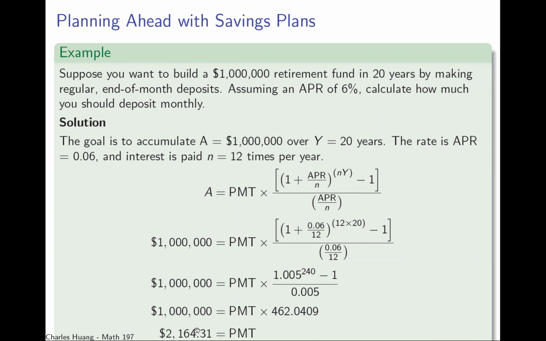So if you're able to save up a little bit more than $2,000, and you can grow the money at 6% every year, in 20 years you'll have $1 million, and you'll have a big pot of money that will support you through retirement.